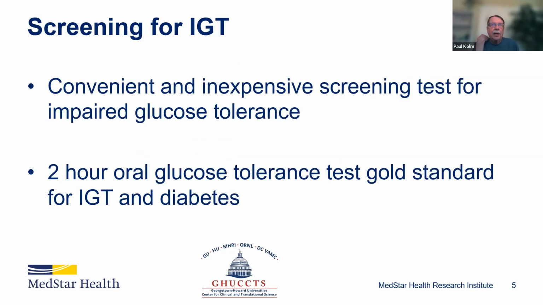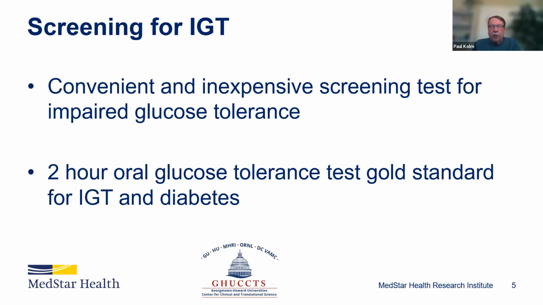So I want to illustrate that and give you some of the pros and cons, or ins and outs, of doing that. So in this application, I want to look at a screening test for diabetes or impaired glucose tolerance. And so the standard for diagnosing diabetes is the 2-hour oral glucose tolerance test.